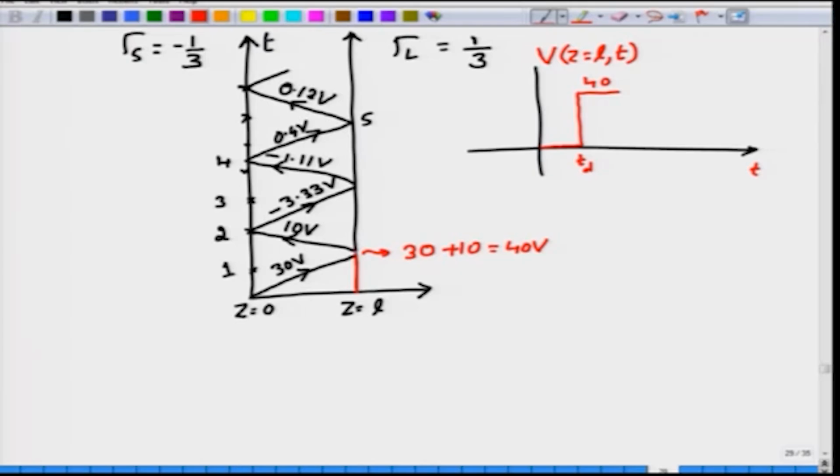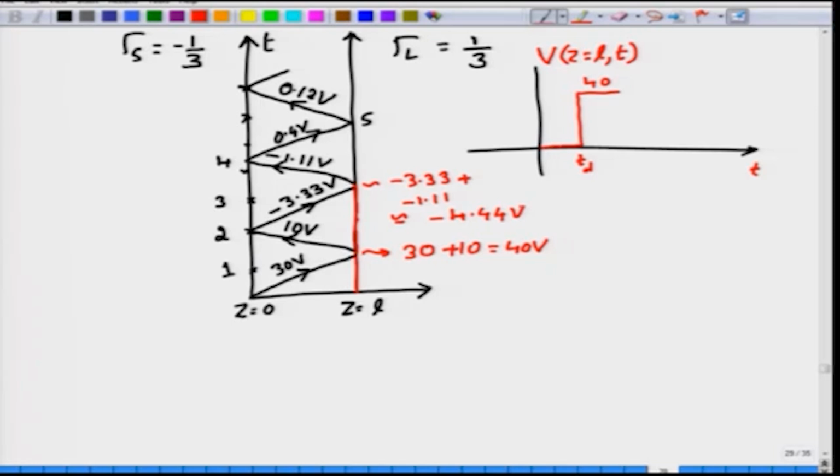Okay. Now, we continue our journey on the time axis. As we continue, we are not seeing any more voltages until we hit upon 3 Td, right. At 3 Td you have a partial voltage which is minus 3.33 volt plus minus 1.11 volt, which is roughly minus 4.44 volt.